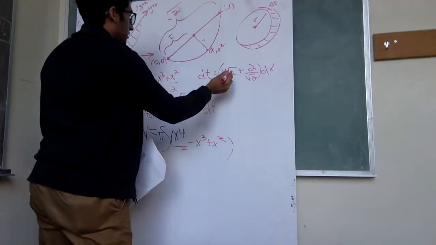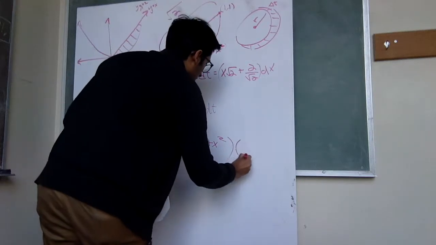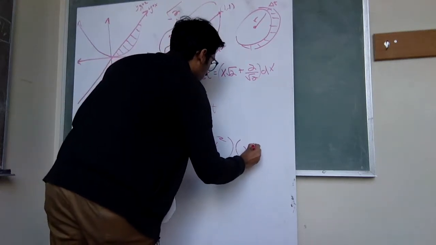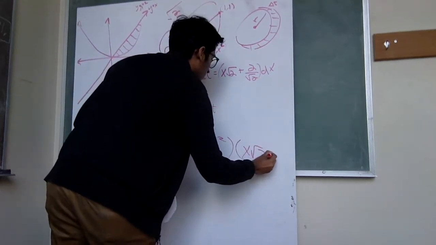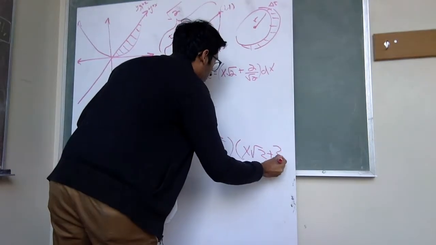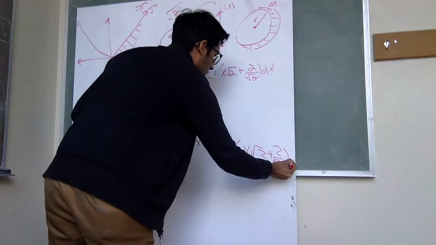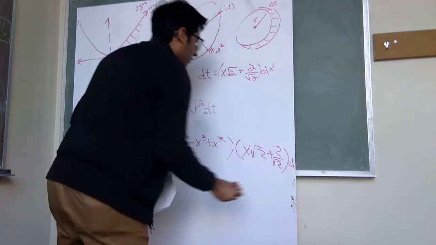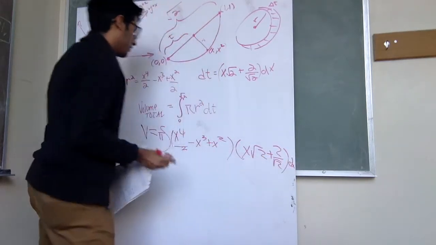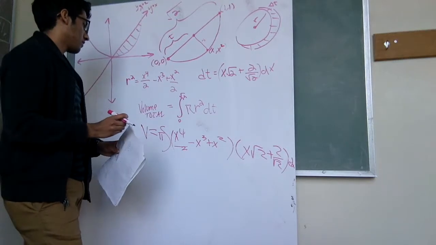We also plug in what we got for our dt. And this is what we're left with.